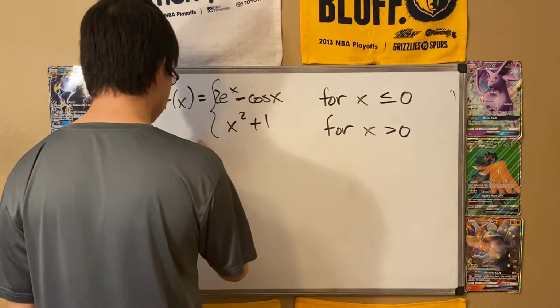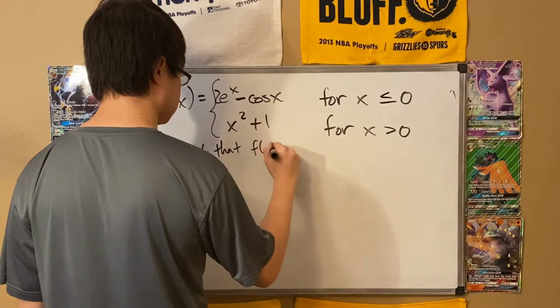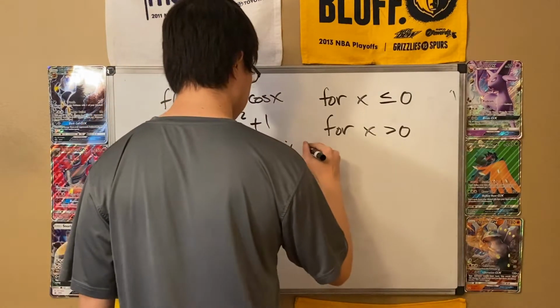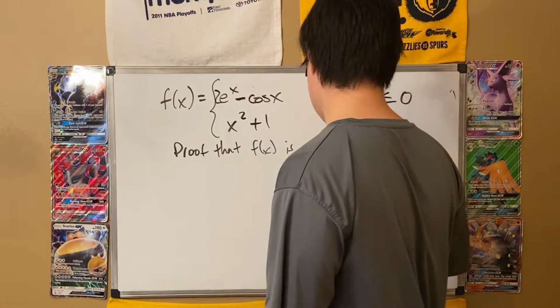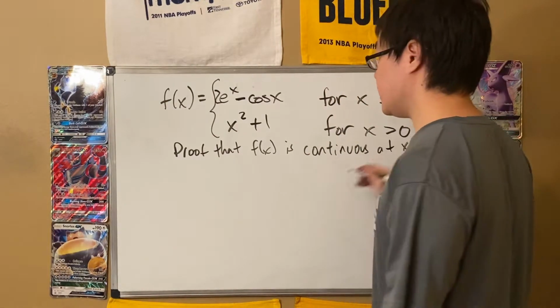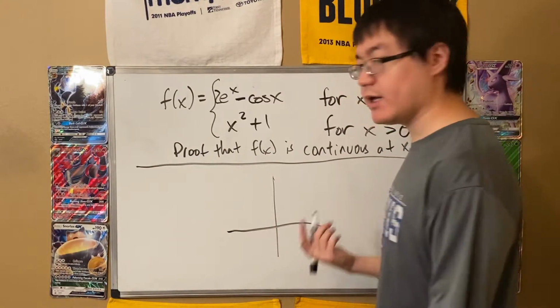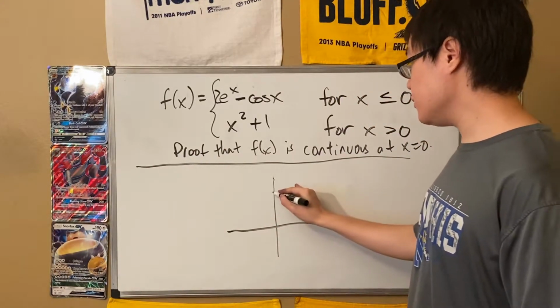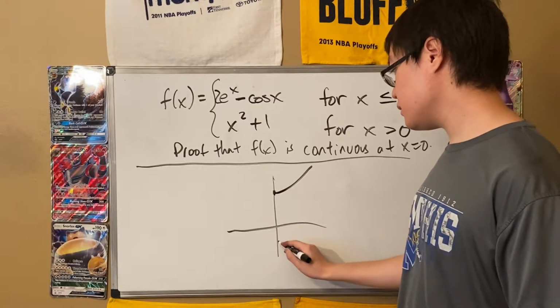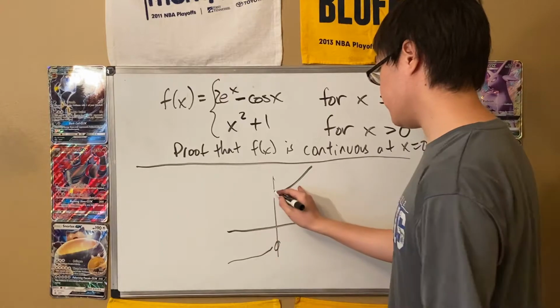So what we're going to try to do is prove that f of x is continuous at x equals 0. So our scenario here is that we're going to have 2 functions at x equals 0, and potentially they might look something like this. Probably the closed dot is for the one to the left.